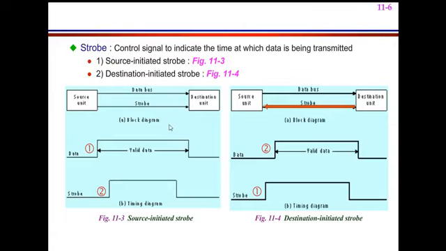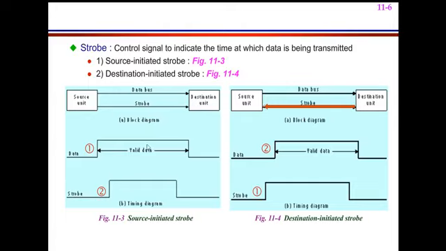So what is the source initiated strobe? Here I have a source unit and a destination unit, and this is the data bus, where from the source unit to the destination unit you transfer the data 1 bit by 1 bit. In the source initiated strobe, the source initiates the strobe signal to the destination.